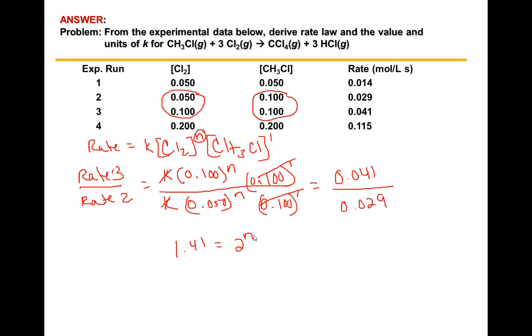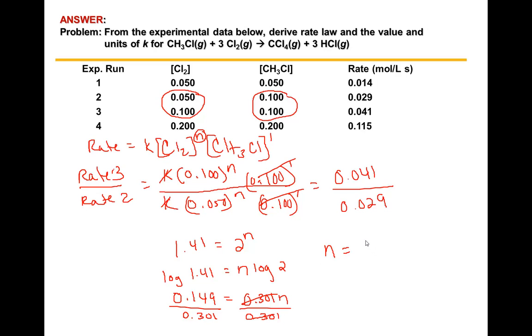Which means we're going to want to take the log of that again. Which comes out to be 0.149 is equal to 0.301 n. N is equal to approximately 1/2, 0.5.